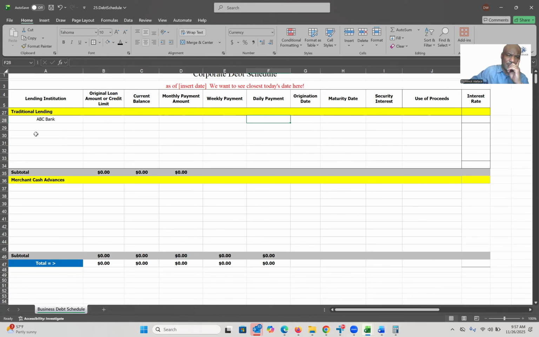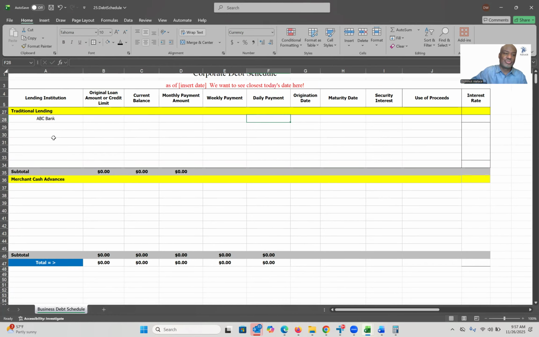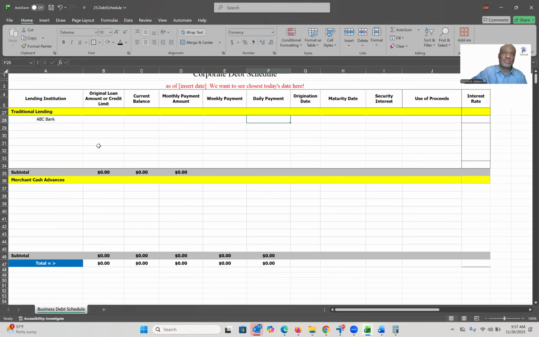And then factoring proceeds, maybe you can put that on there. Factoring would be more like a credit facility, based on what your facility amount is and how much you would pay back.